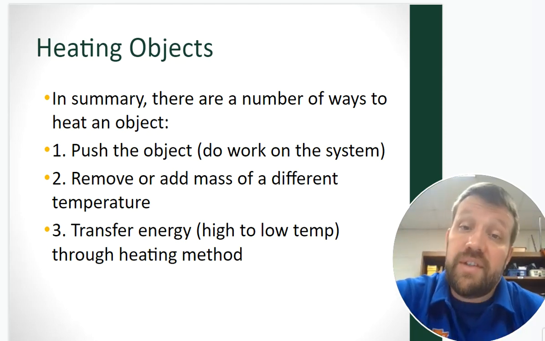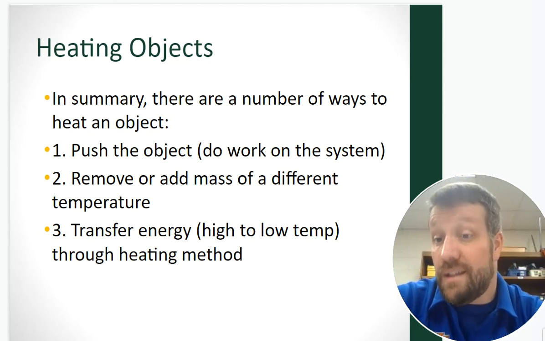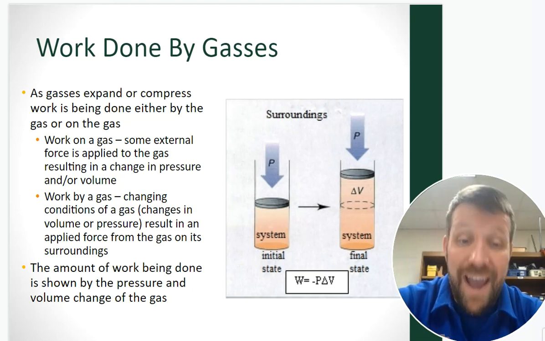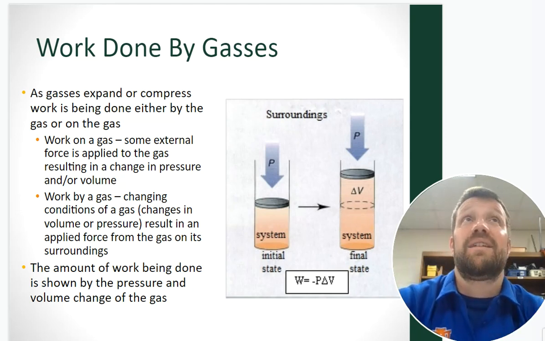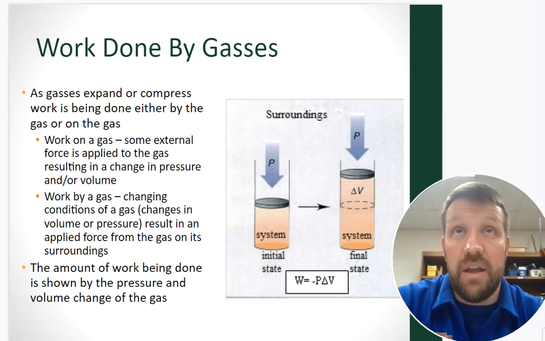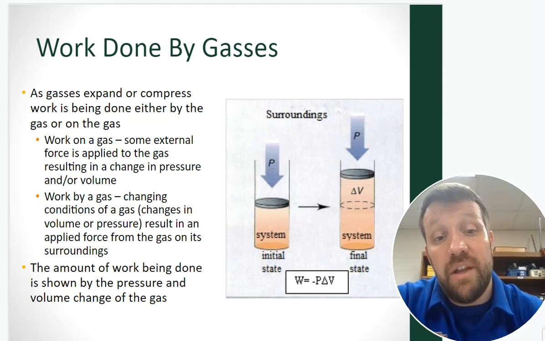All right. So this is how we have these changes in thermal energy and thus movement of heat through a system. Now we got to talk about how work can be done by gases as that heat transfer causes a change in, I won't say the properties, but the values of properties of gases. So as they expand or compress, work is being done either by the gas or on the gas.